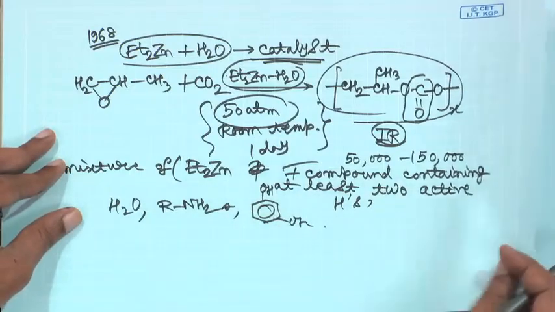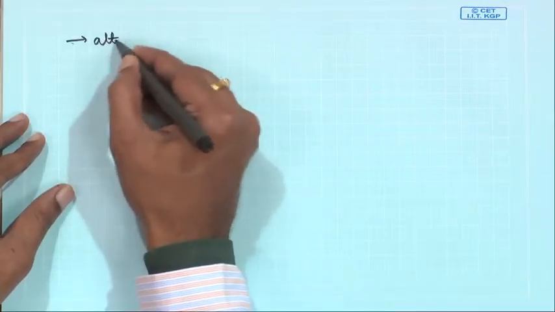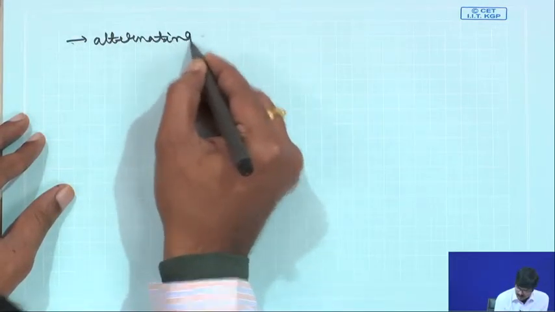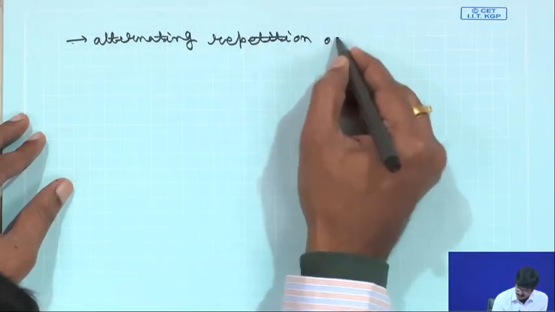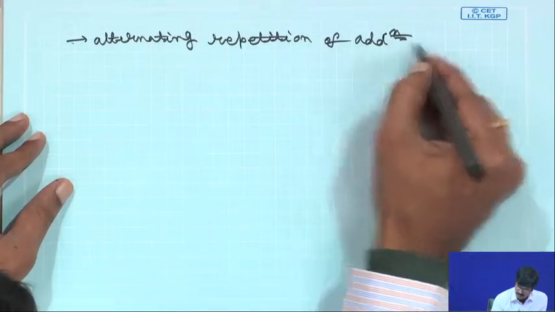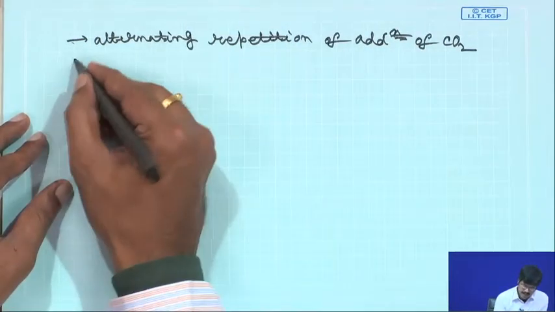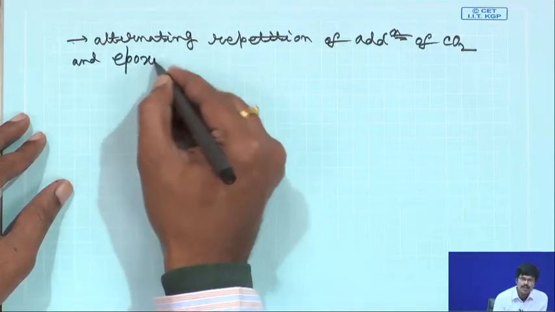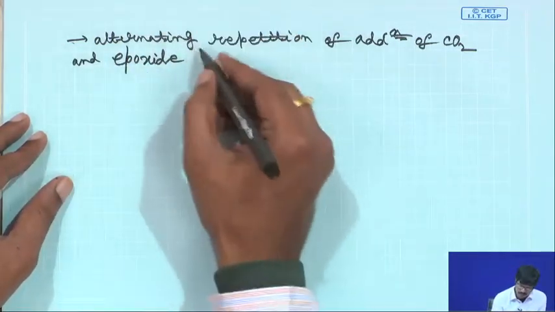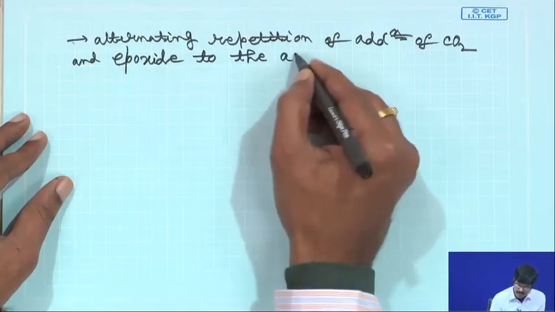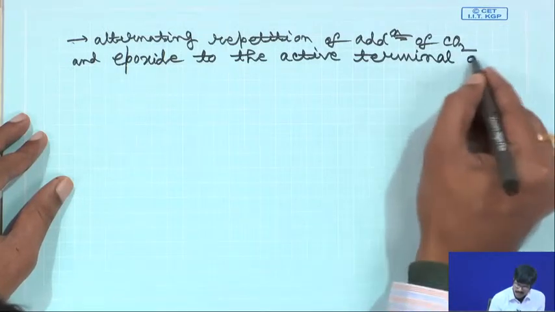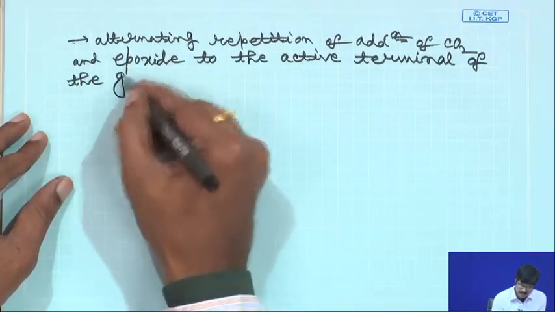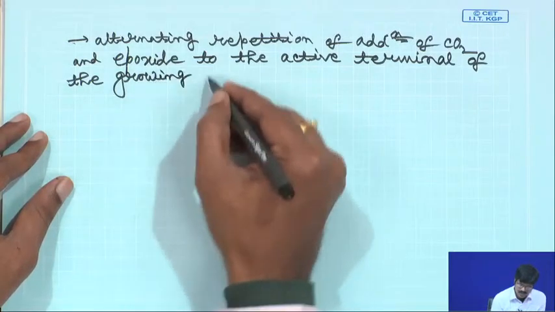Now, this alternating copolymerization is considered to proceed via alternating repetition of addition of carbon dioxide and epoxide to the active terminal of the growing polymer.